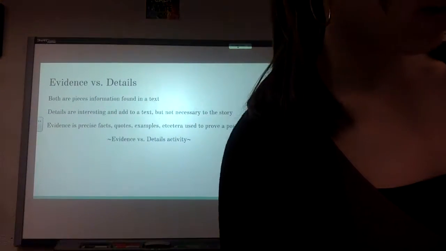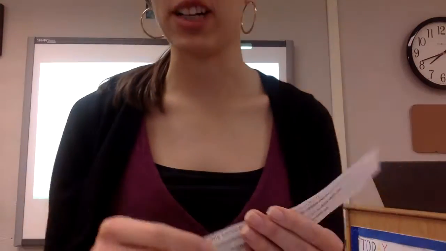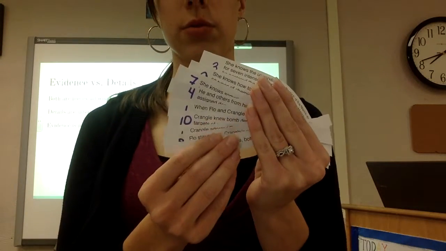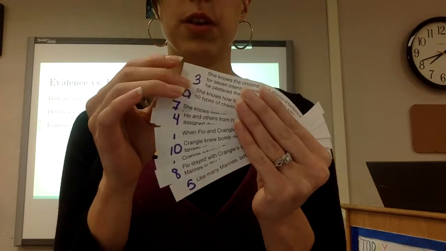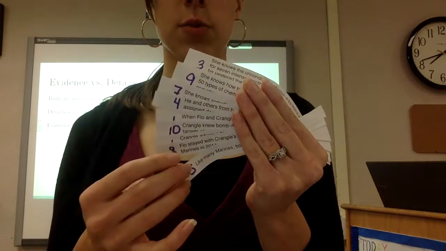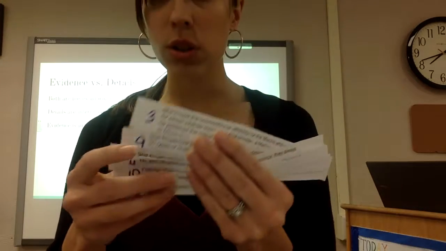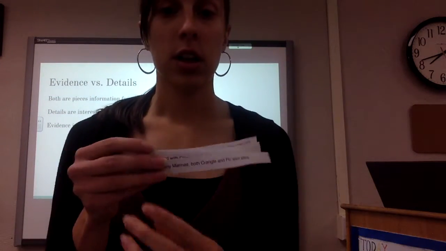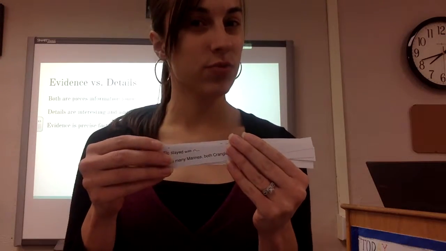And then after you do that, that's just for practice, you'll be getting different slips with a direct quote from the story. So then you're going to have to work together and decide, is this evidence? Is this detail?